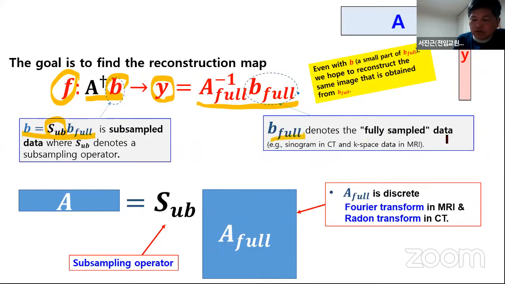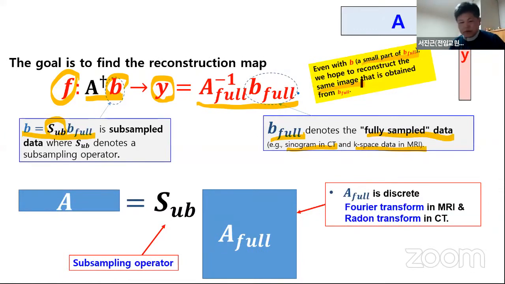B full denotes the fully sampled data, that's a sinogram in CT, the k-space data in MRI. So even if B is a small portion of B full, we hope to reconstruct the same quality image that is obtained from the fully sampled data.